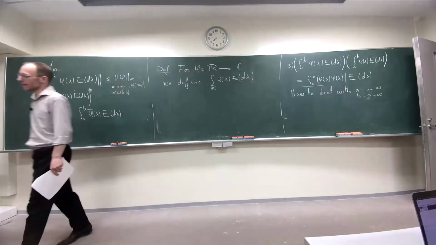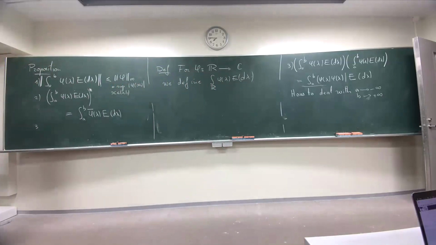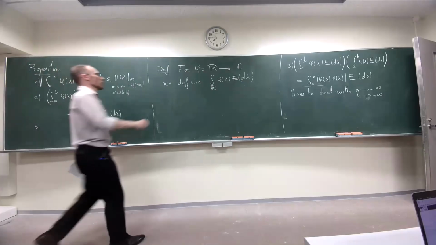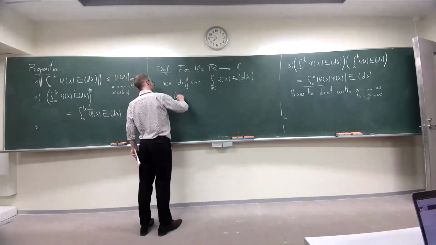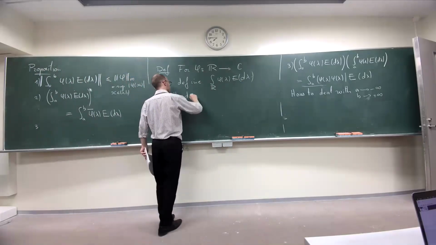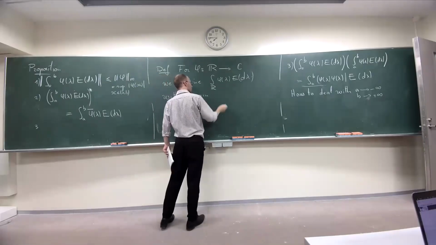But as I said, this cannot be defined on arbitrary vectors because if phi is growing, you end up with an unbounded operator. So with a domain. So what do I want to have?